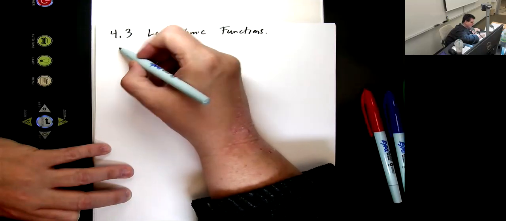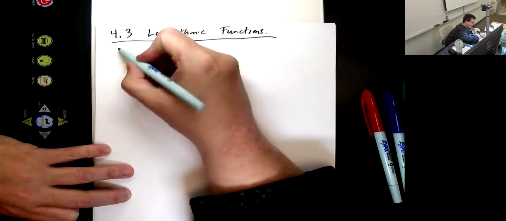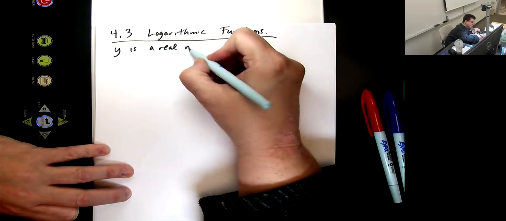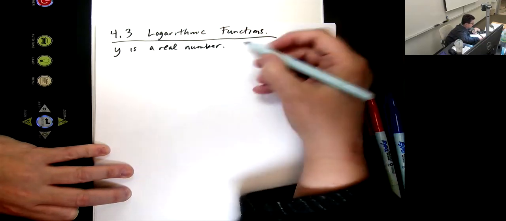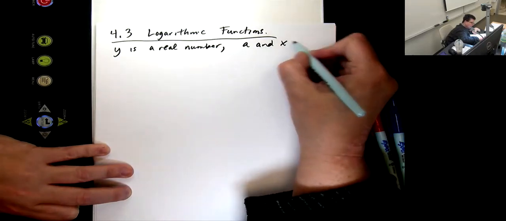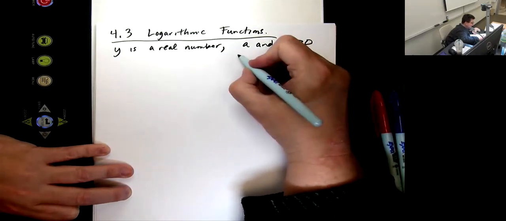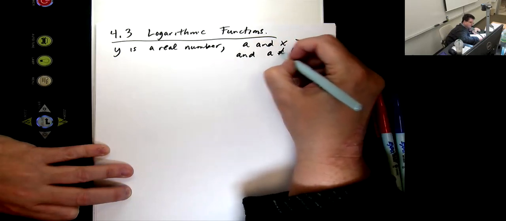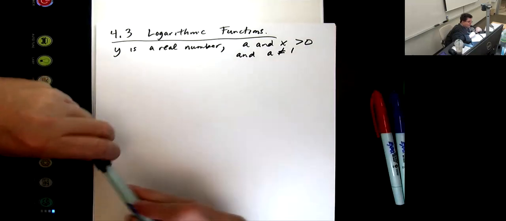So for the following, y is a real number. A and x are greater than 0, and a does not equal 1. If a equals 1, this gets stupid.